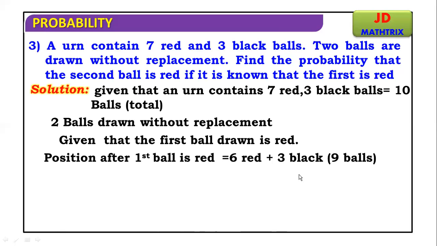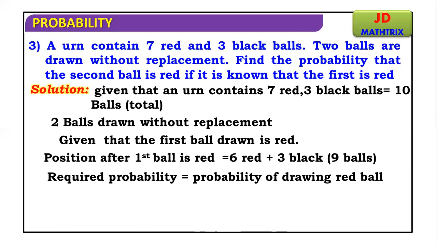Now the probability of getting a red ball in the second draw when a ball is drawn at random from that urn: required probability is equal to the probability of drawing a red ball simply. That is 6C1 by 9C1, that is 6 by 9, 2 by 3.